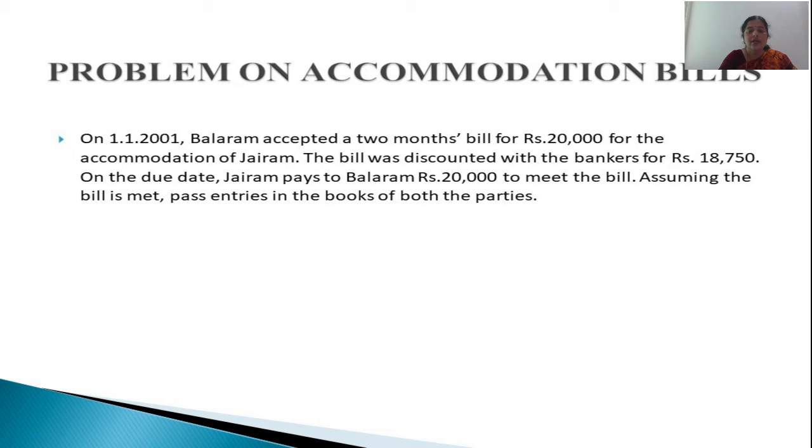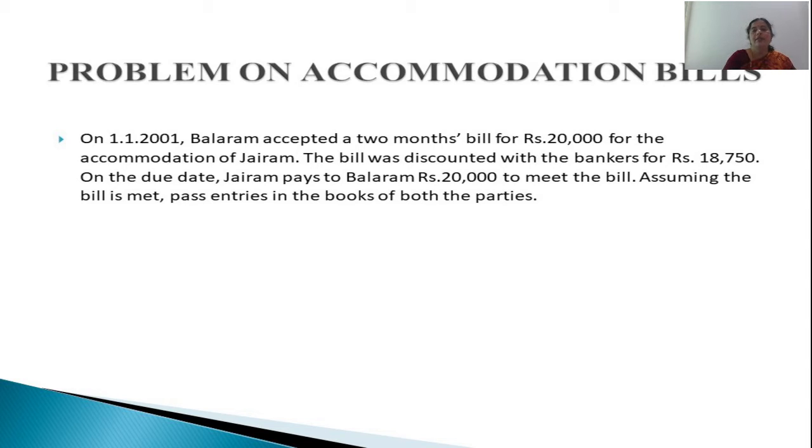The bill was discounted with the bankers for rupees 18,750. So Jairam is the drawer, Balram is the drawee, the value is 20,000 drawn on 1/1/2001, and Jairam gets the bill discounted with his banker for 18,750.